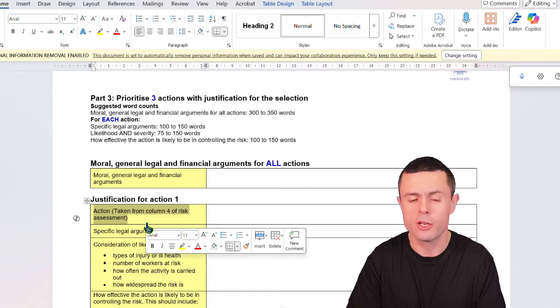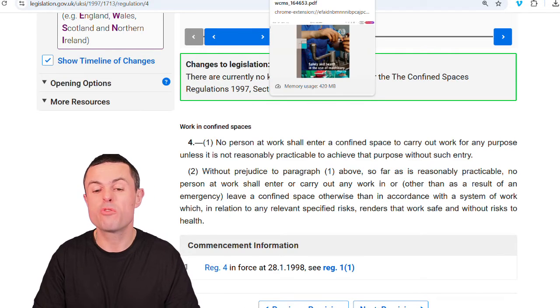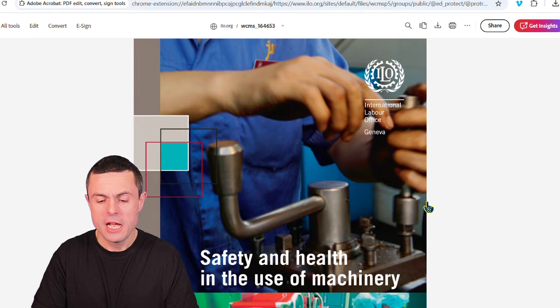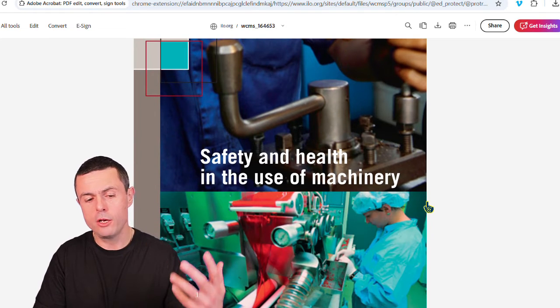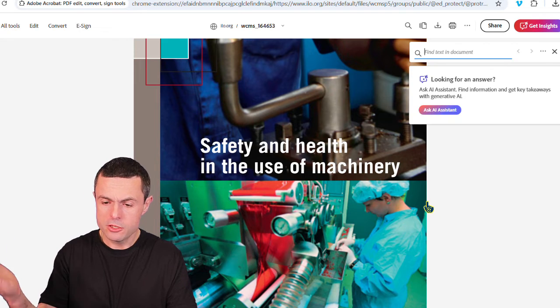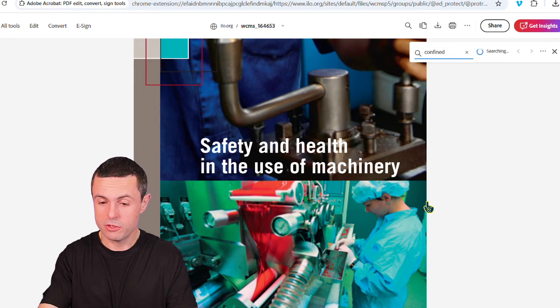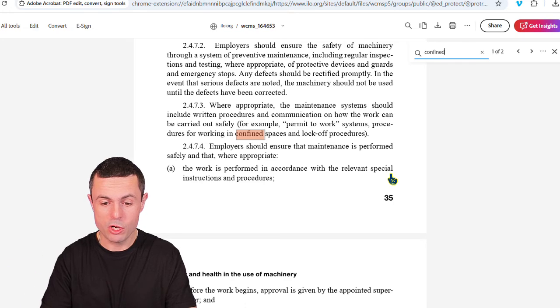Now, if you are an international student doing the IGC, the International General Certificate, then, well, what can you use? Well, you've got a variety of different things. One of my go-to ILO codes of practice is the Safety and Health in the Use of Machinery. And I'll just do a quick search and just type in confined. That's usually the fastest way of doing things. Bang, there we go.